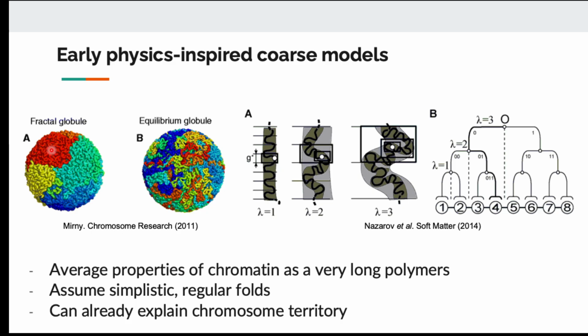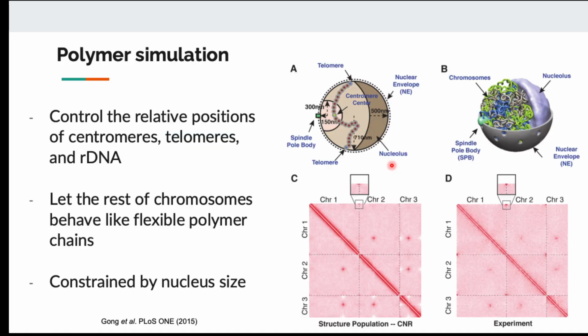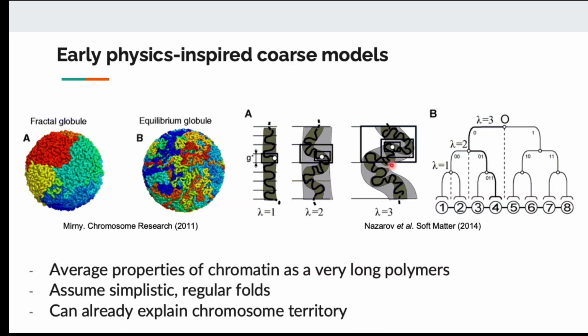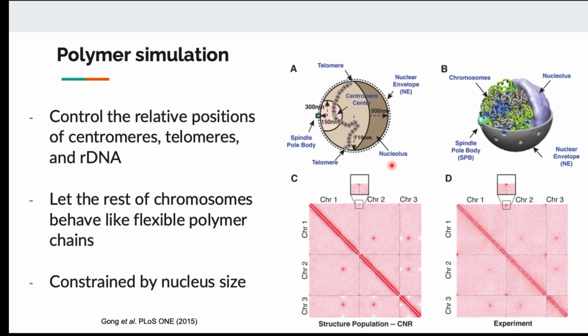So even from 15 years ago, we had a simple idea that can explain how chromosomes can be so organized. But we want more details. We want to know how flexible they can be. Not just an average structure, but we want to model the actual DNA in one nucleus.